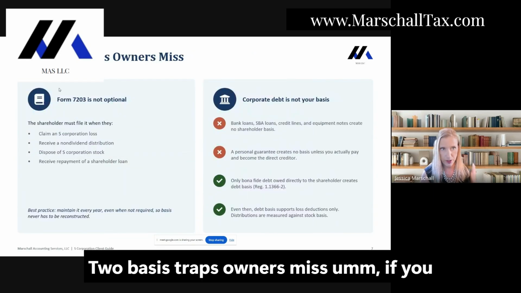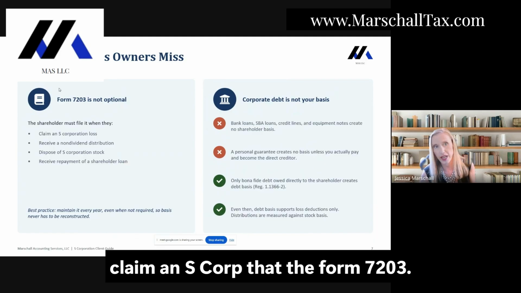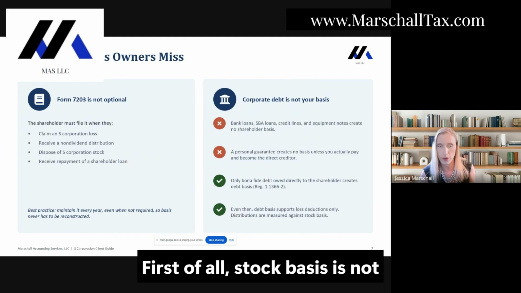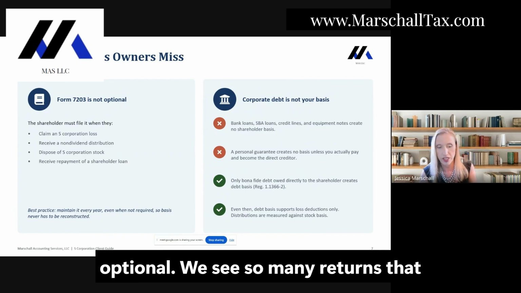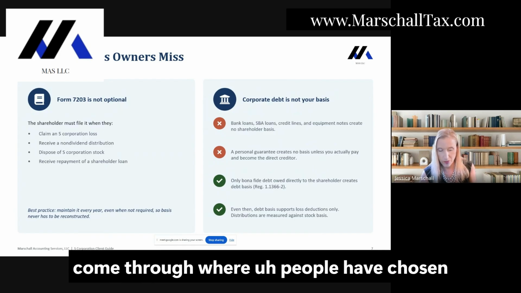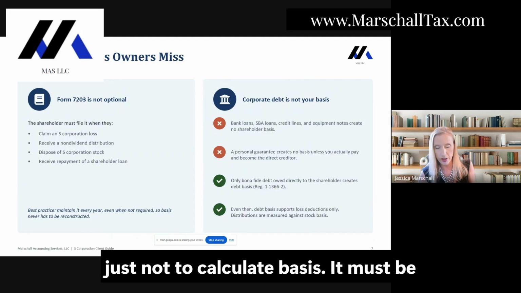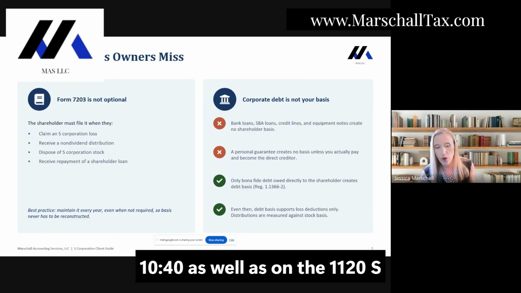Two basis traps owners miss. If you claim an S Corp, the Form 7203, first of all, stock basis is not optional. We see so many returns that come through where people have chosen just not to calculate basis. It must be calculated. It's a limitation on the 1040 as well as on the 1120S.